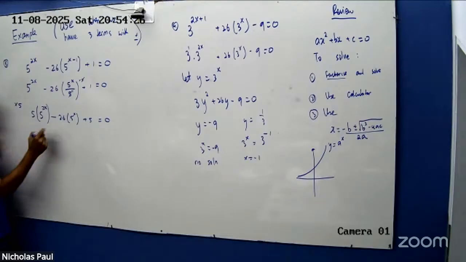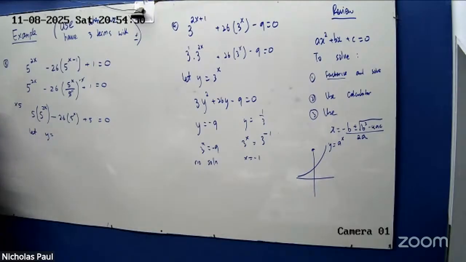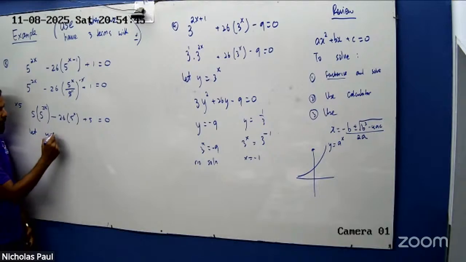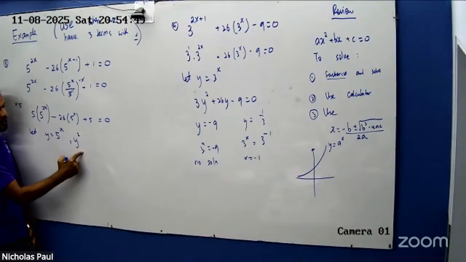Right? And then you can make your let y equal to 5 to the x. So this will be 5y squared. Right? Let y equal to whatever. Of course, you can see that y squared is 5 to the 2x.